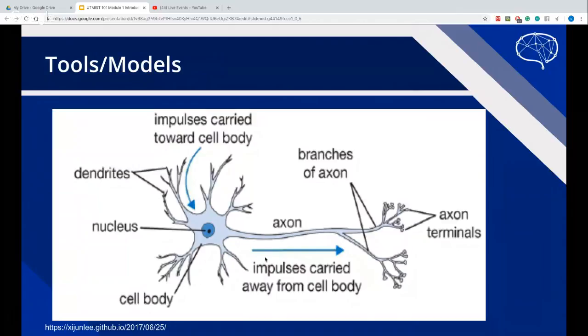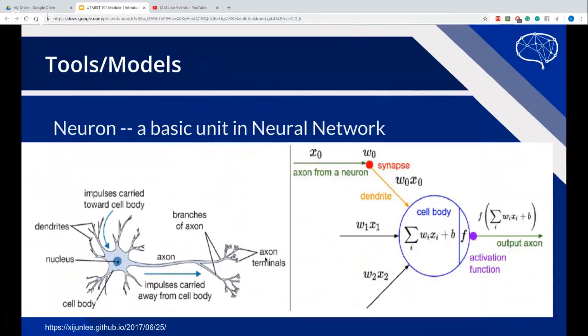As programmers, what we mostly do is just copy and paste. So we want to copy that biological idea into a computer. The left-hand side is what we had in the previous slide, and the right-hand side is the neuron in a neural network. What we have is X: X0, X1, X2, Xn, whatever.